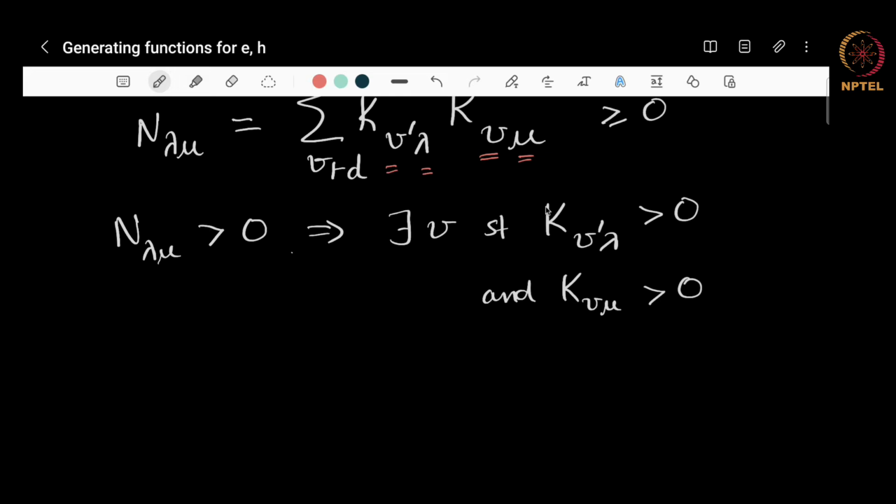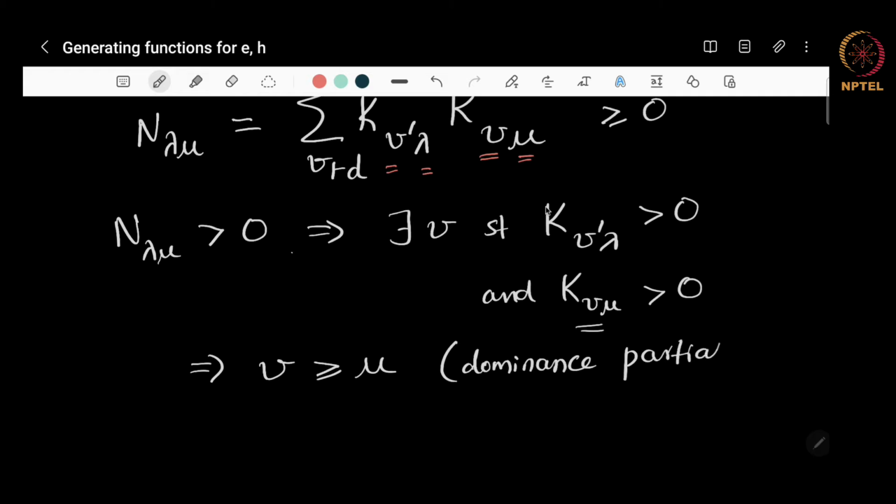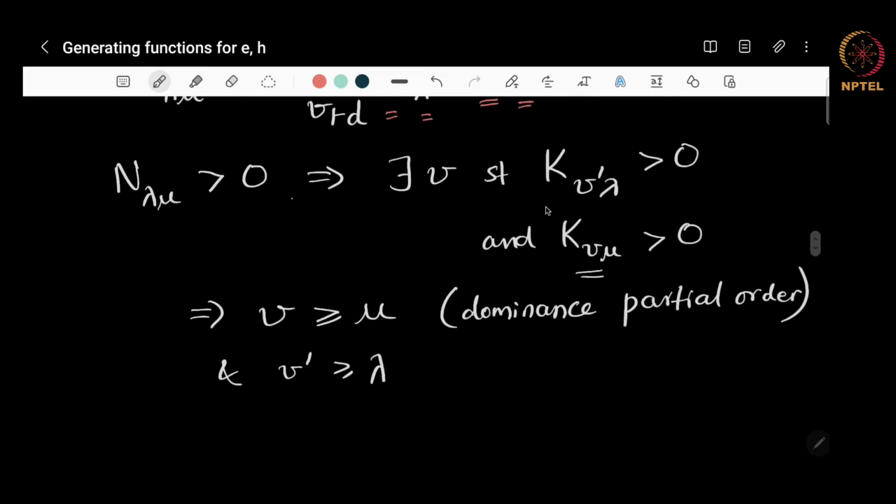So a Kostka number is positive implies that, for example the second one here, nu must be bigger than or equal to mu in the dominance order. So I'm now talking about the dominance partial order on the set of all partitions. And similarly, the first term implies that nu prime is bigger than or equal to lambda, again in the dominance order.